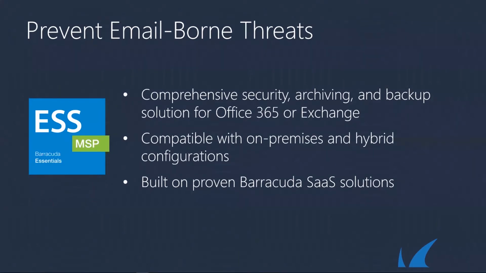Its main job is to provide an additional layer of security to add to the native features of Office 365 and also Exchange. Essentials is a suite of tools that provides comprehensive security like sandboxing, archiving, and backup to give you more features than you'll ever be able to reach with traditional Microsoft Server email platforms.